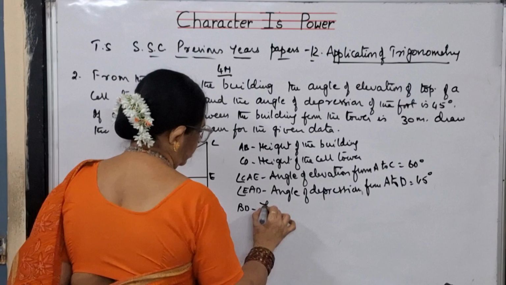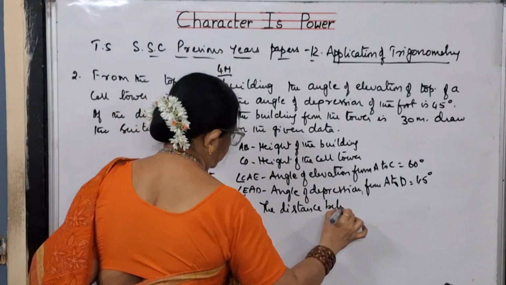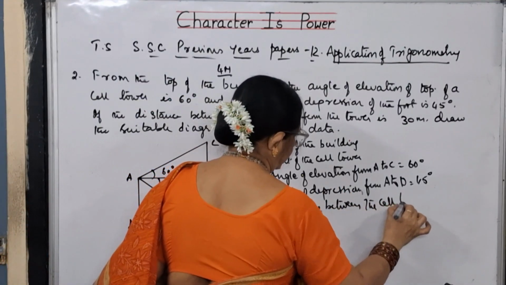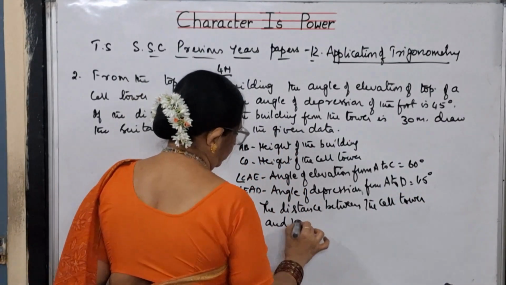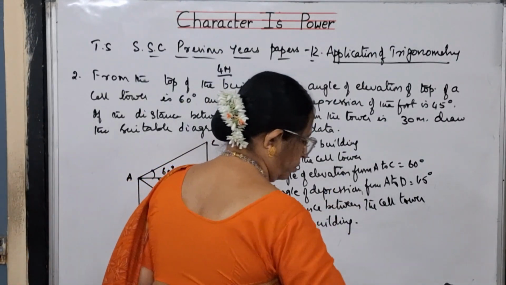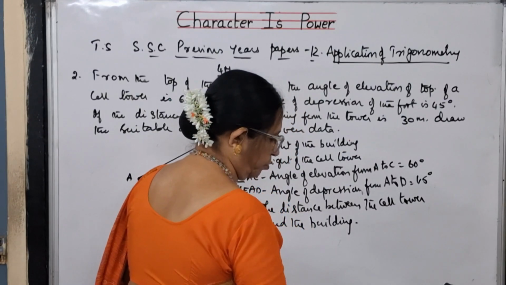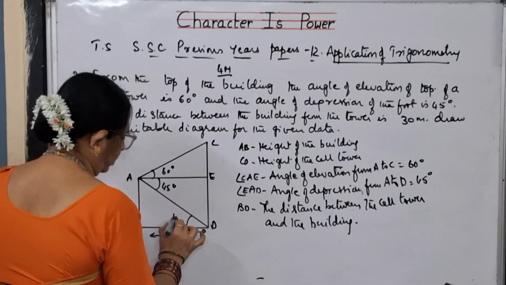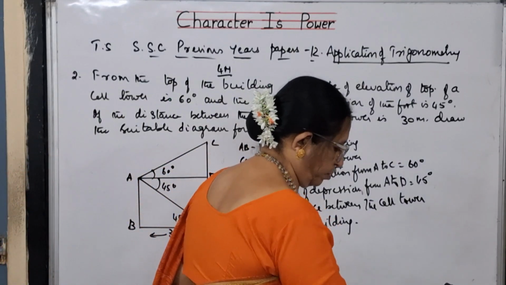BD, the distance between the cell tower and the building. So write down, children. This is the problem. Now if angle of depression is 45, so definitely this also will be 45 degrees. Next problem we will see.